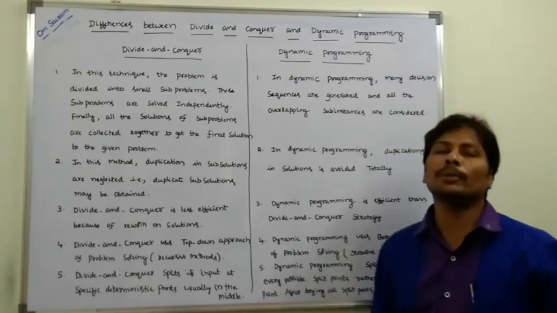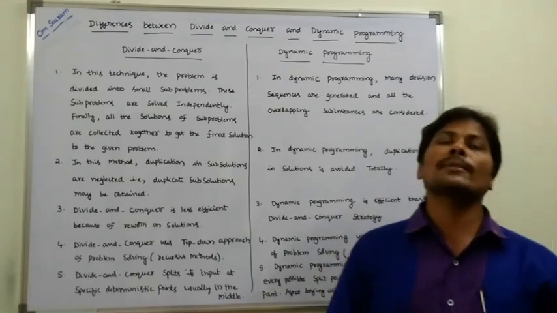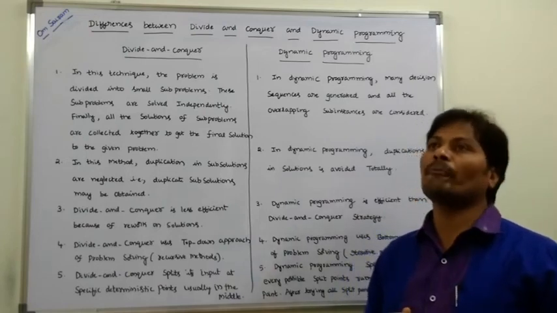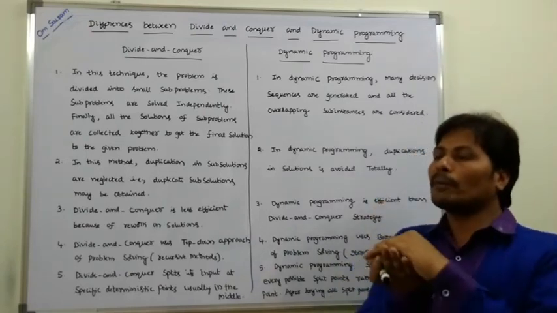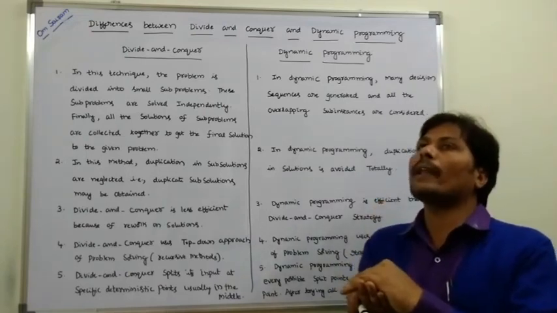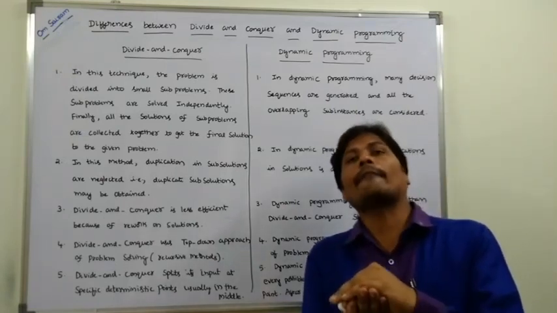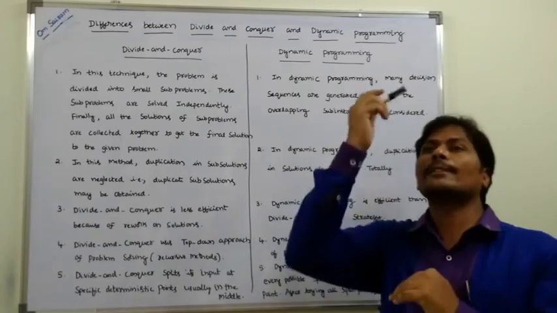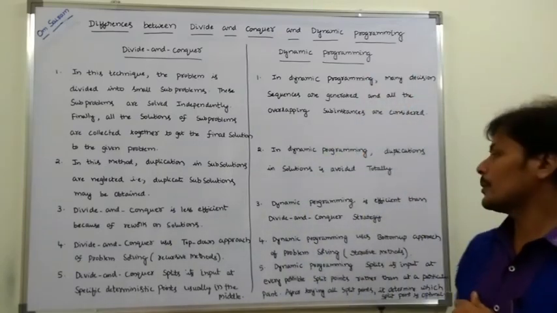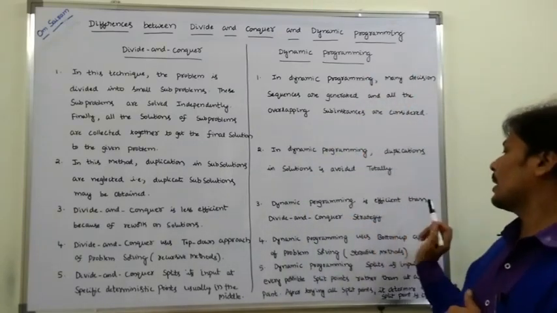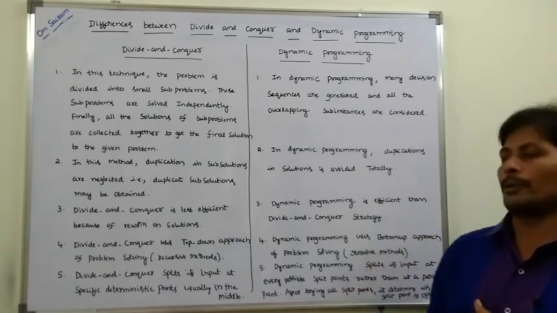But in dynamic programming, the problem solving is in bottom-up fashion. From the bottom, we calculate each and every sub-solution, and finally we get the final solution at the top. Therefore, dynamic programming uses a bottom-up approach.